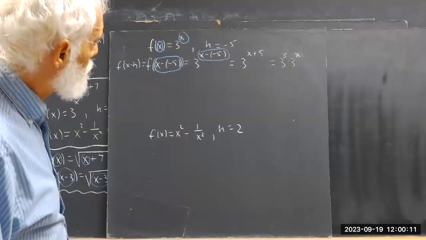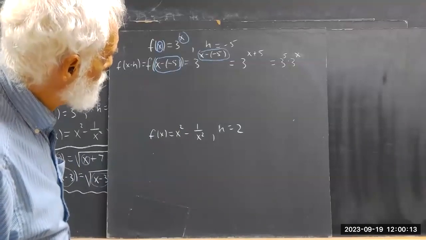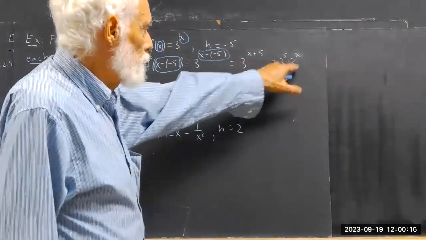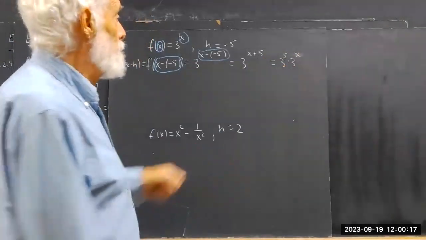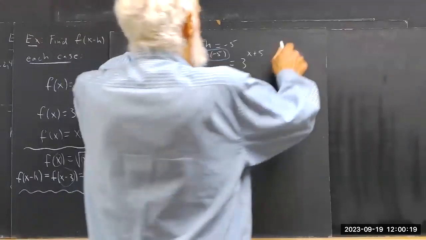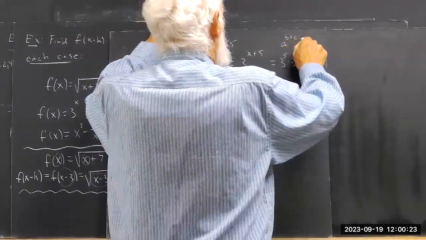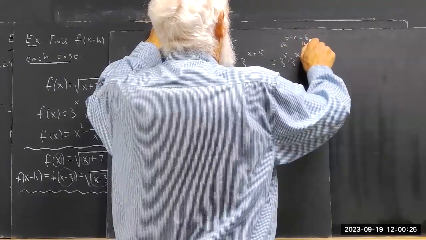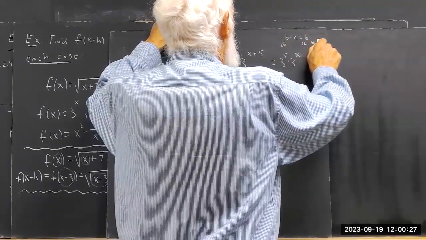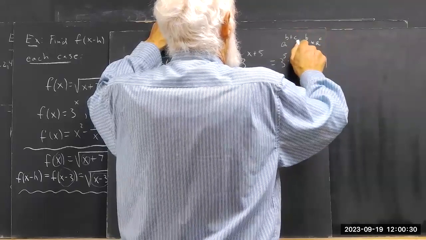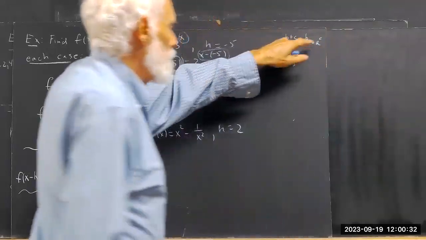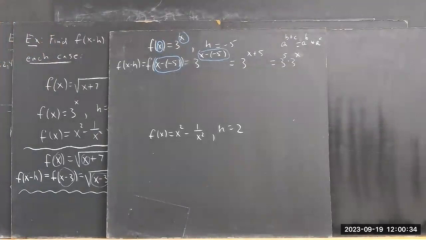Sorry, 343. Starting to lose it. So that could be 343 times 3 to the x. Again, that's since a to the b plus c equals a to the b times a to the c.